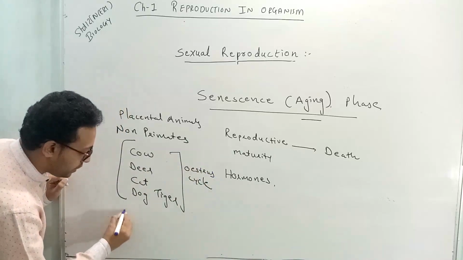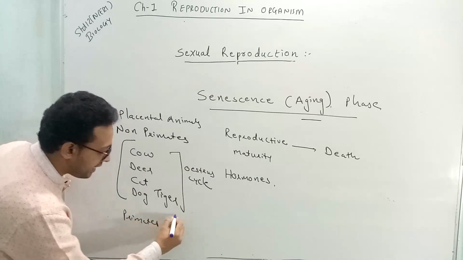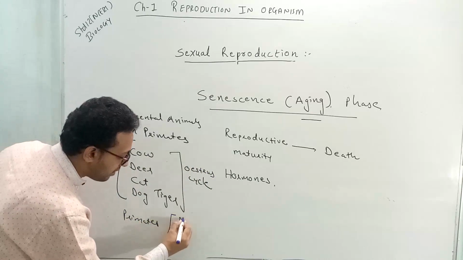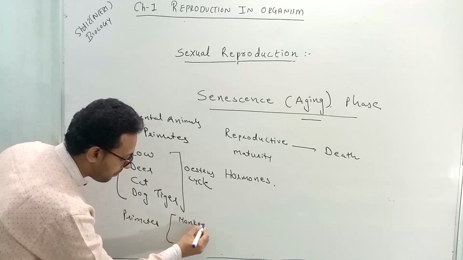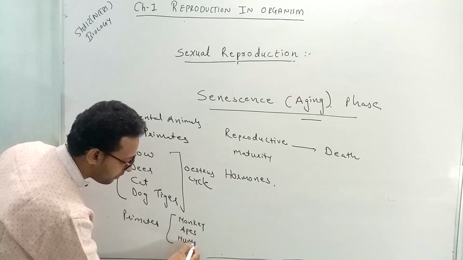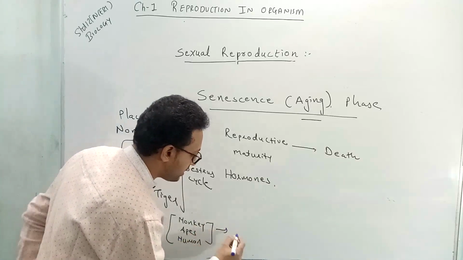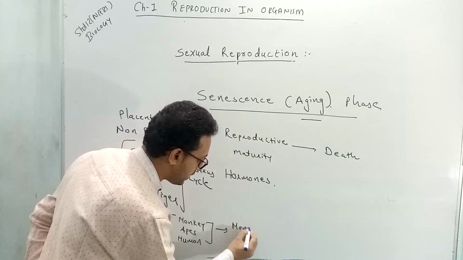And the cyclical changes which occur in primates. So which are the examples of primates? They are monkey, apes, or human. The changes that occur during the reproductive phase are called the menstrual cycle.